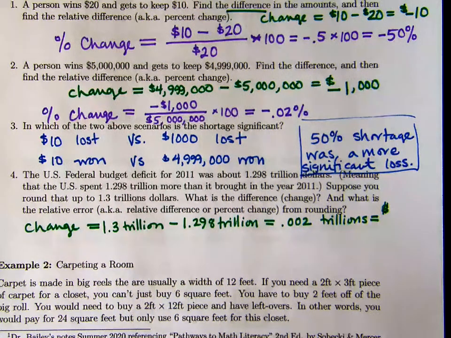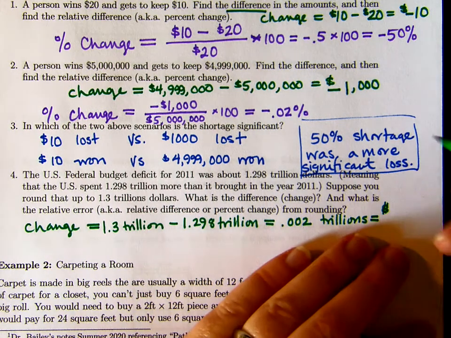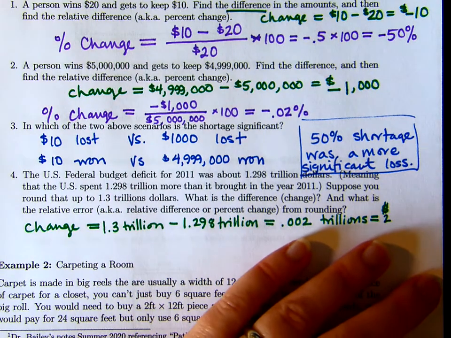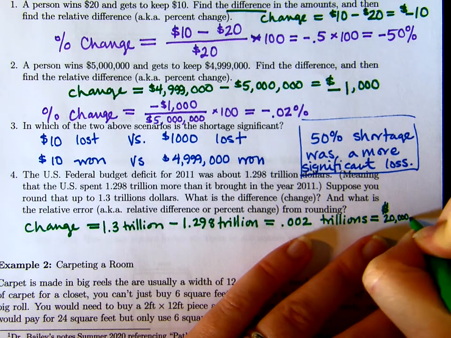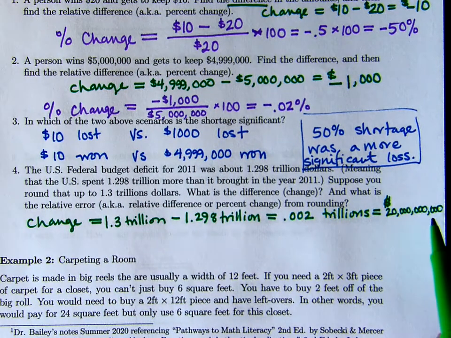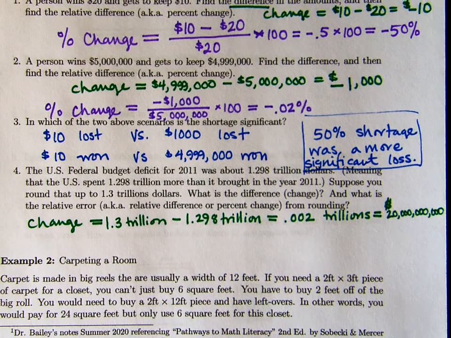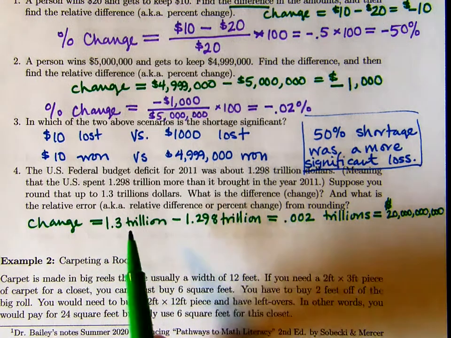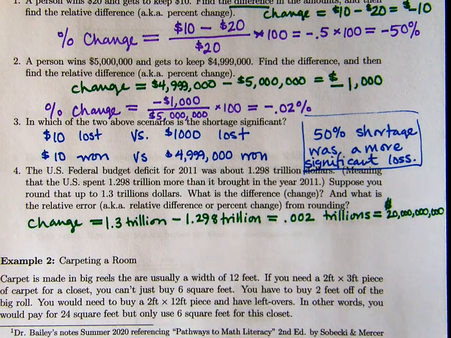Oh man, that's a lot. I don't think I'm going to have enough room to write this number. Here we go: thousands, millions, 20 billion. So that was the difference. Rounding this to 1.3 trillion just cost us $20 billion.